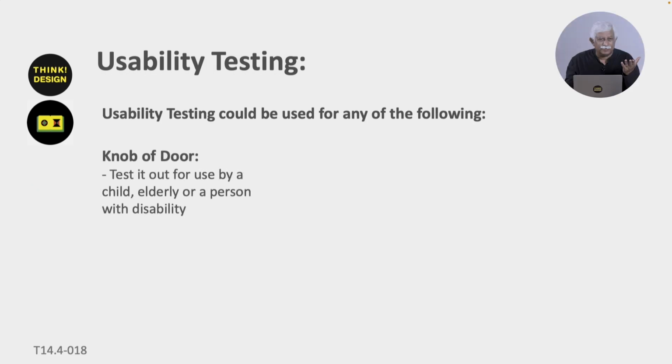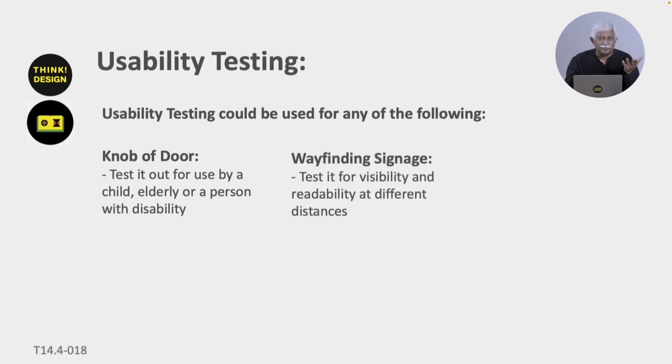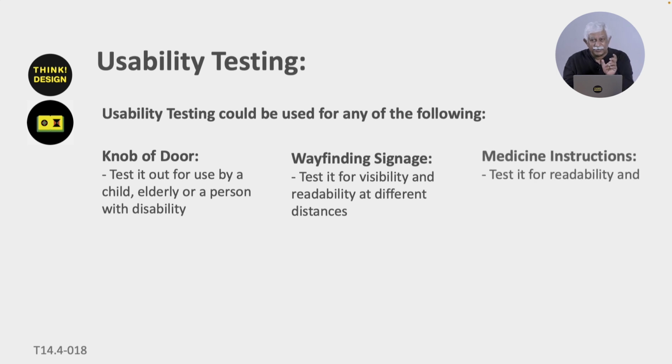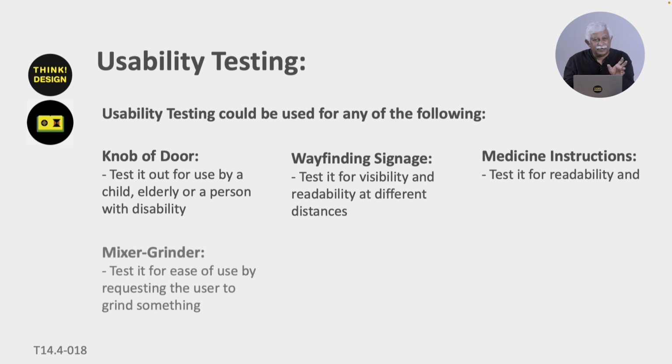For example, the knob of a door: test it for ease of use by a child, an elderly person, or a person with disability. Wayfinding systems: test them for visibility and readability at different distances. Medicine instructions: test them for readability. Mixer grinder: test it for ease of use by requesting the user to grind something.